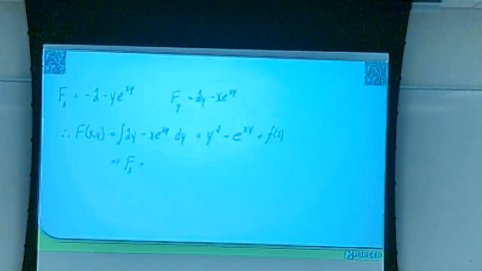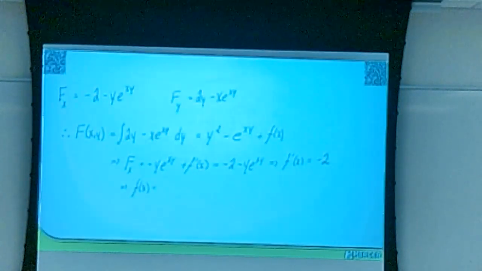E to the xy times y plus f prime. And that has to equal the negative 2 minus y e to the xy. Well, that means our f prime is just negative 2, right? And so f would be negative 2x.